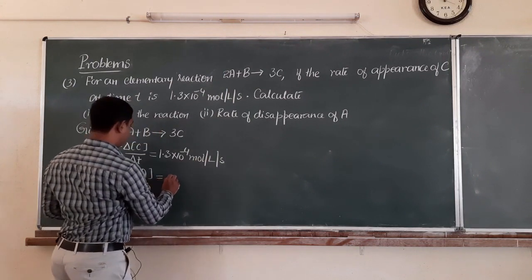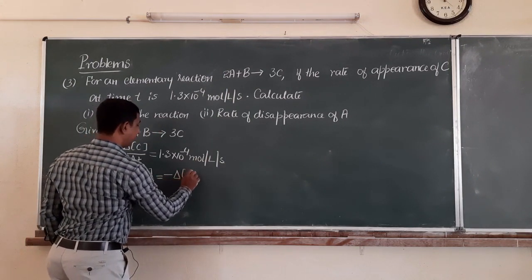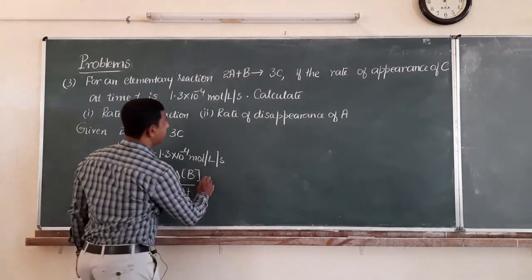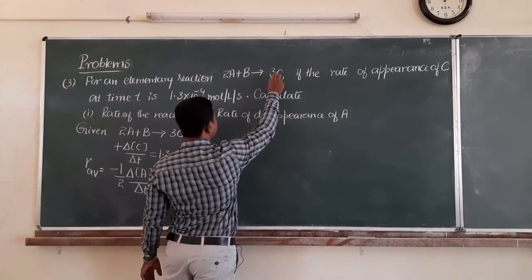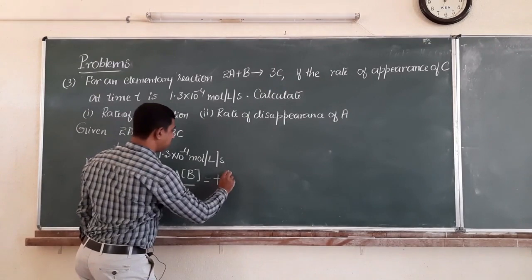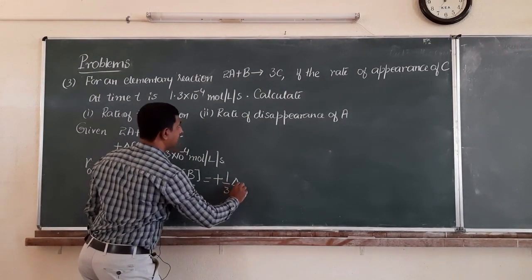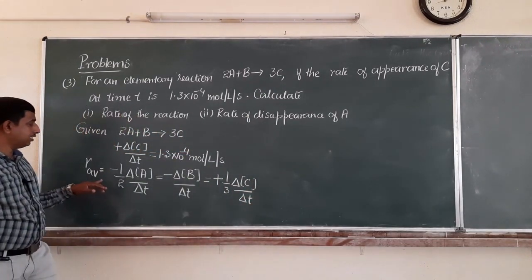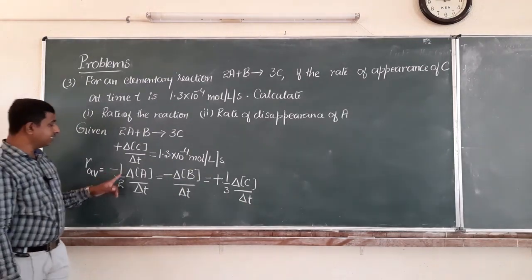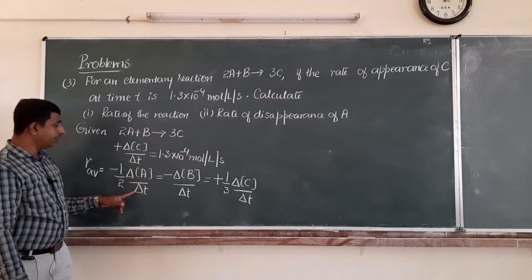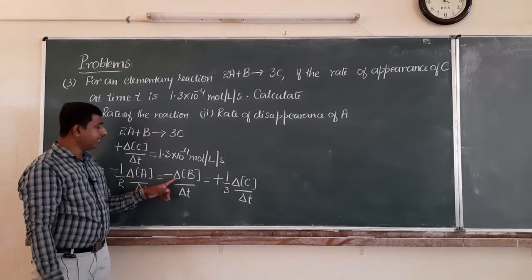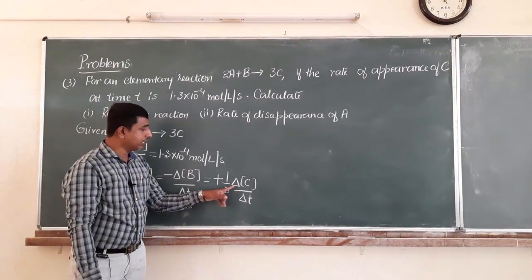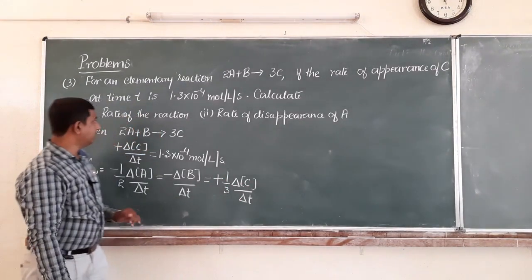It is equal to minus delta concentration of B by delta T. It is also equal to, since the stoichiometric coefficient is 3, plus 1 by 3 delta concentration of C by delta T. So the rate expression is like this. Average rate is equal to minus 1 by 2 delta concentration of A by delta T, equal to minus delta concentration of B by delta T, equal to plus 1 by 3 delta concentration of C by delta T.